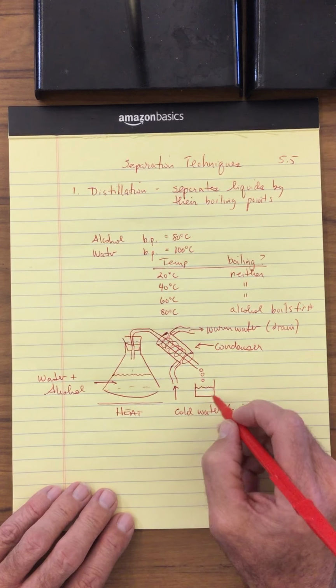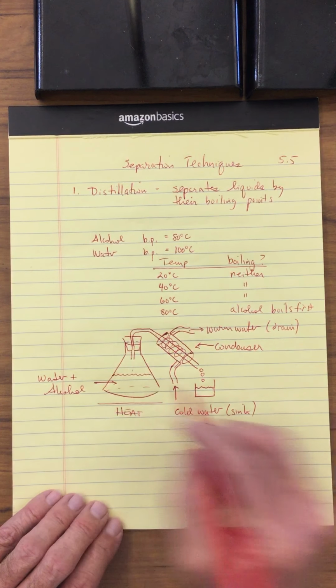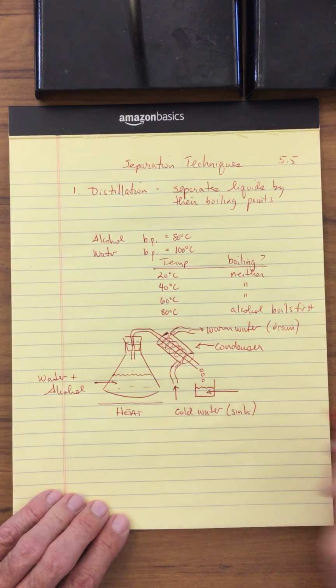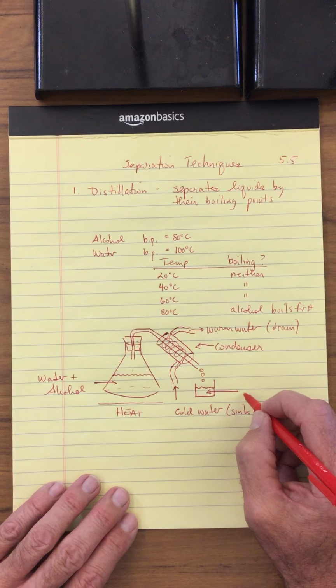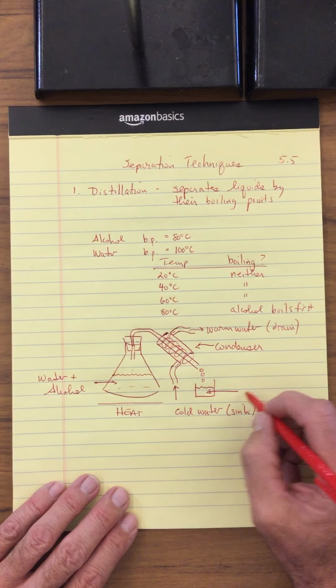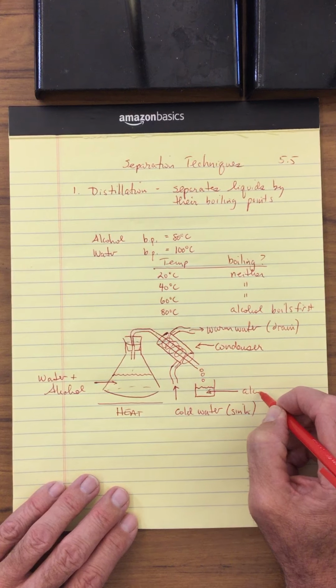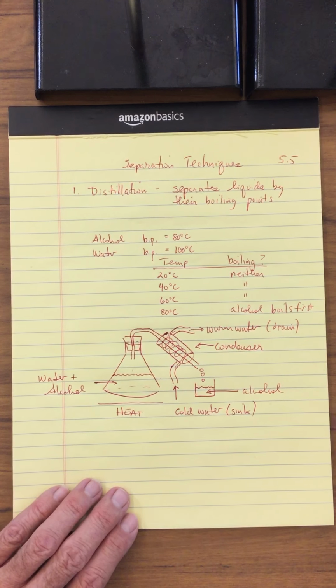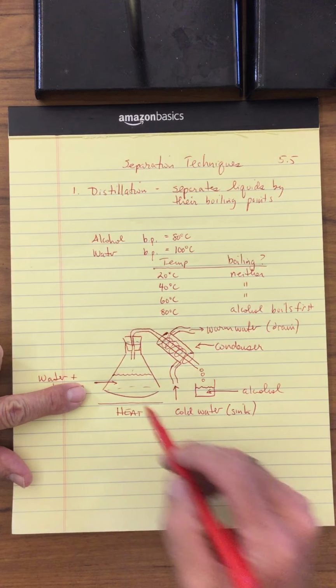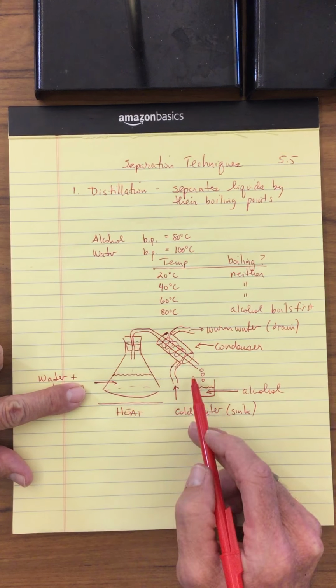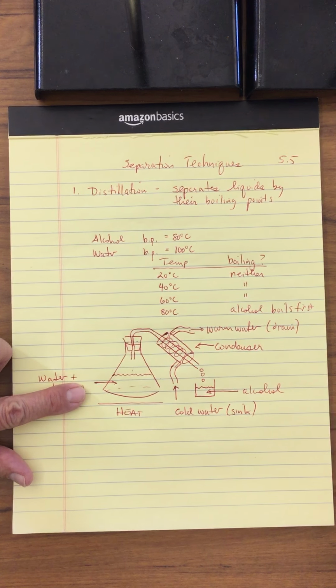So we will then start with the alcohol and the water, and what we're going to be left with at 80 degrees is going to be the alcohol will leave, and we'll be able to collect the alcohol. No longer will we have the alcohol over here because it will all have evaporated away, and we'll be left with the water.